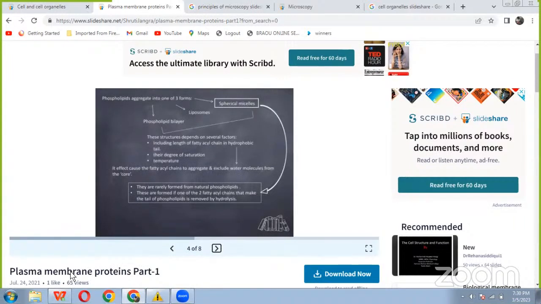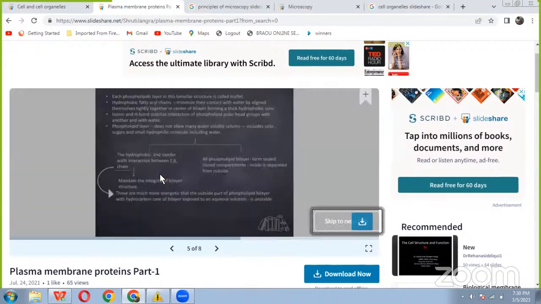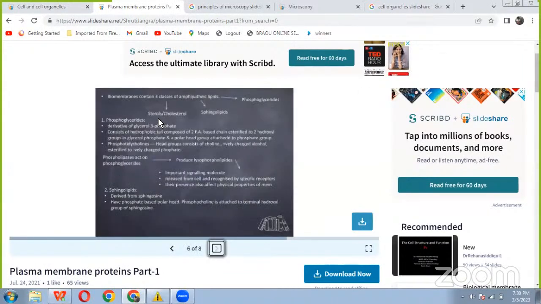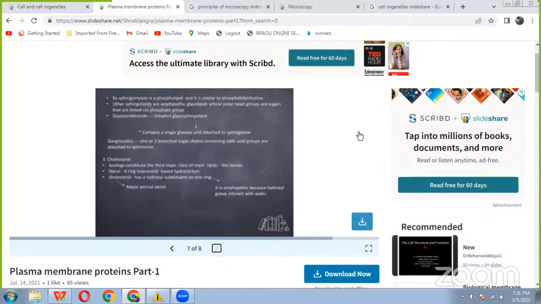Next one, different types of lipids also. The membrane contains three amphiphilic lipids: the sterols, cholesterol, sphingolipids, and the phosphoglycerides.